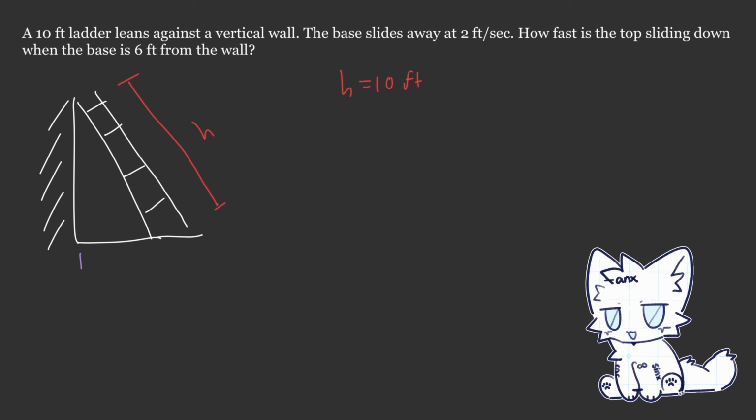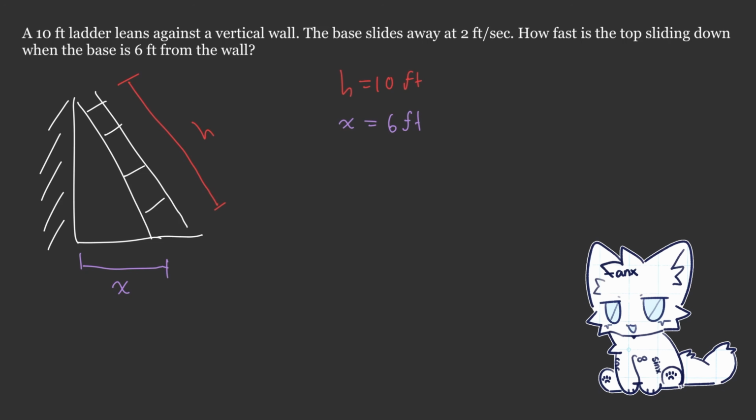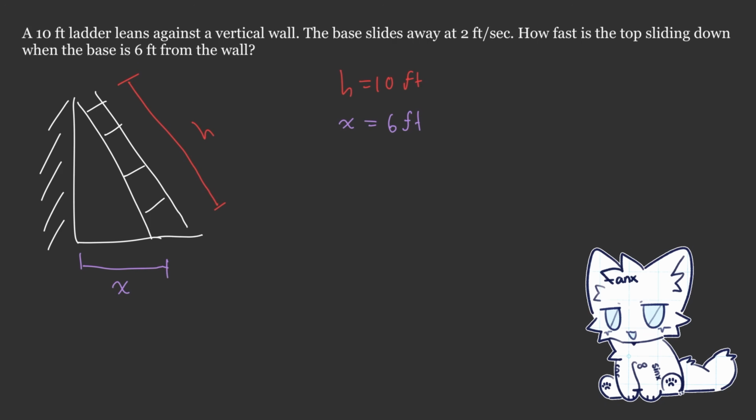So, if the base is 6 feet away from the wall, let's label that x. We know that x is 6 feet, and the base slides away at 2 feet per second. That's very important. Can you try and find a rate in derivative notation with respect to time?